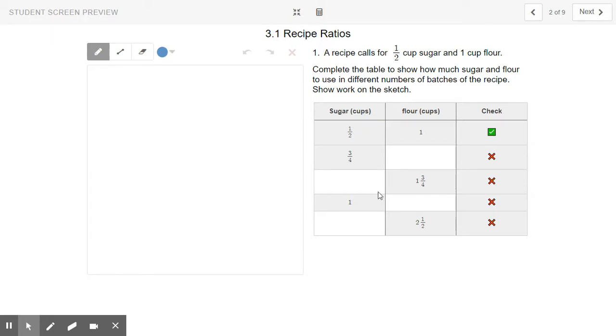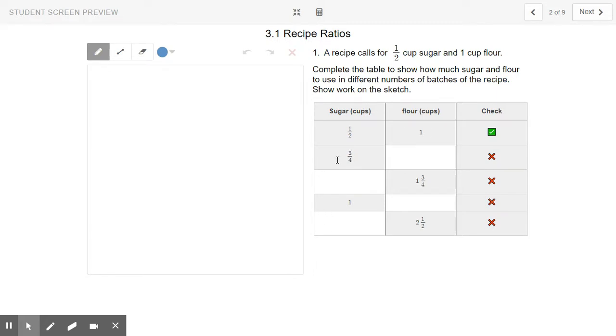Now, we did a lot of work with filling in missing pieces of tables in Unit 2. And basically, we're looking at ratios. So in this particular one, the ratio is 1/2 cup of sugar for every 1 cup of flour that's used.